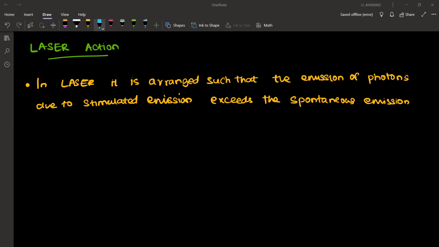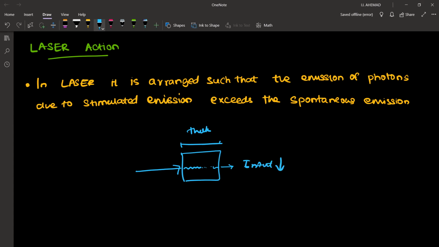Note number 2, the second point. Why do we need to increase the stimulated emission? The reason is usually in a medium, when light is traveling through, what happens to the intensity of light? It will reduce, right? And when this is very thick, let's say a translucent medium, when you're looking at the light from this side, the intensity will reduce, right?